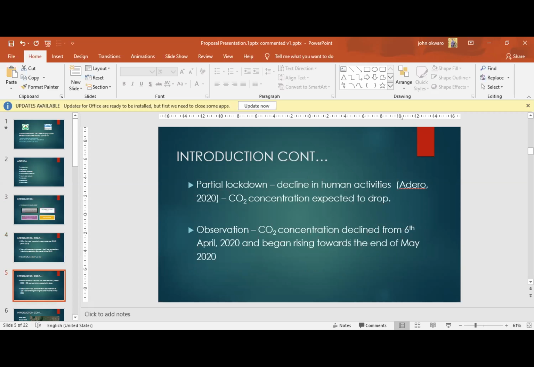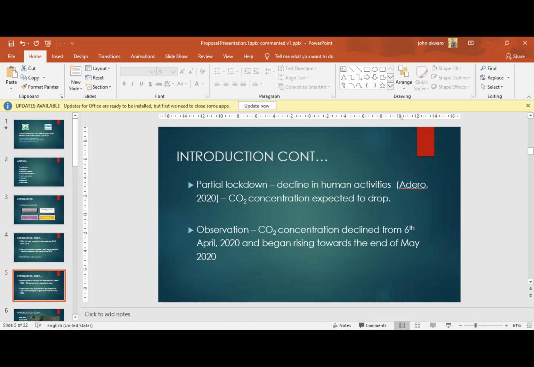So on 6th April 2020, there was a partial lockdown in the Nairobi metropolitan area. According to Dr. Adero's research, there was a decline in human activities due to the partial lockdown. And therefore, it's expected that the concentration of carbon dioxide will also decline.